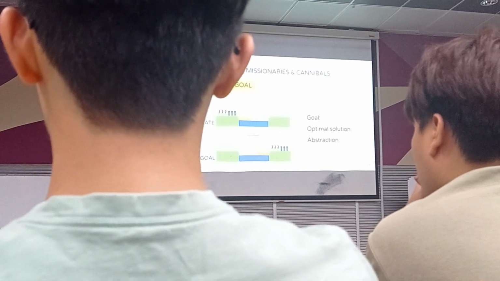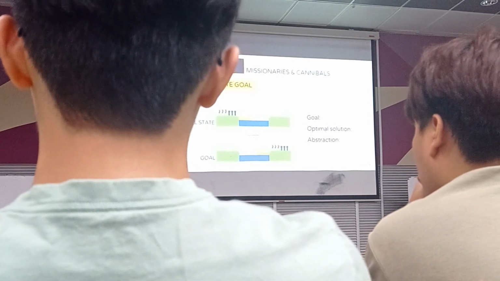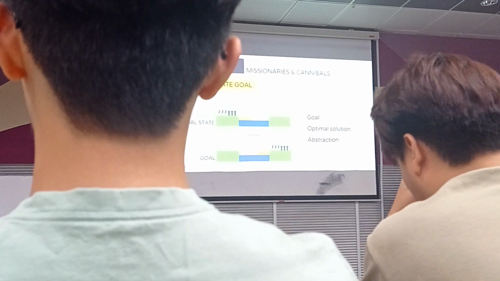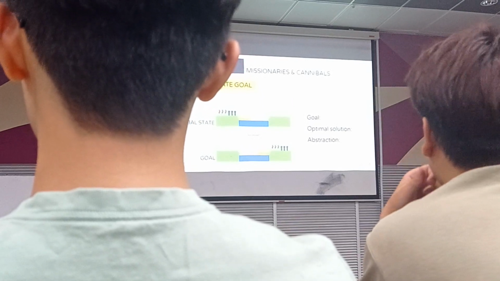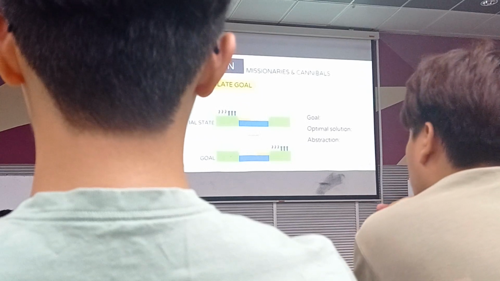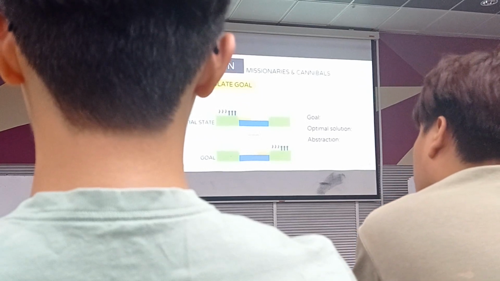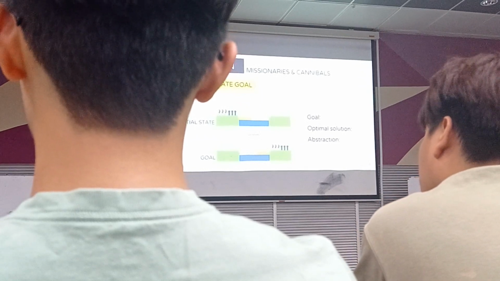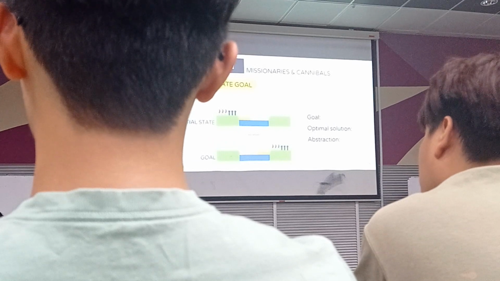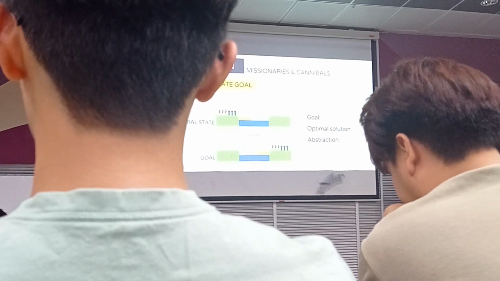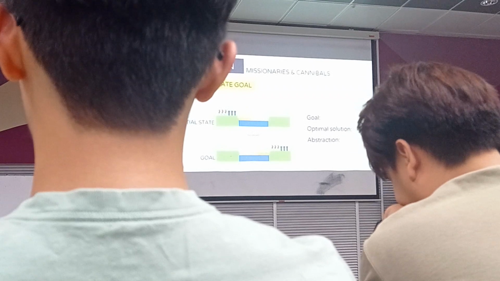Any more actions? No more, right? You can only move one, two to the right hand side, or one and one. No more, given that the boat can only fetch a maximum of two people in this case.